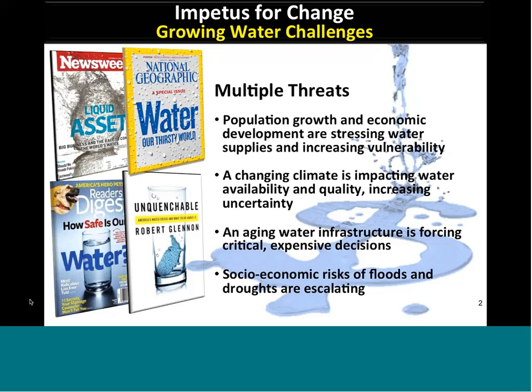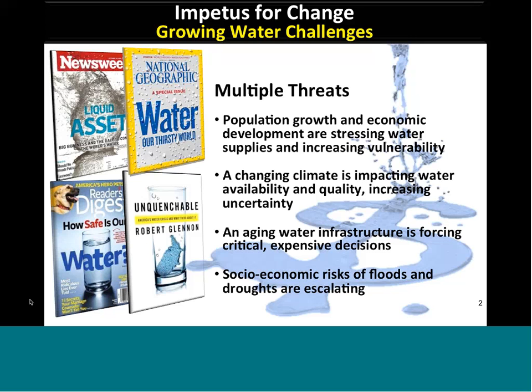As we see in critical events year after year, ranging from city infrastructure to deliver water to some of our most prominent storage units in California just this past year, aging infrastructure is challenging the ability for humans to really harness the power and the resource that is our water. And finally, the socioeconomic risk associated with floods is continuing to escalate.